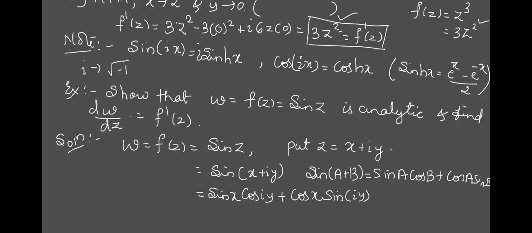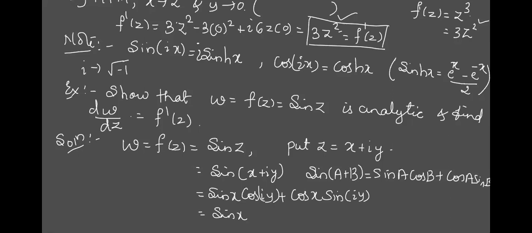Done. We have applied a formula. Now next we have to simplify. Now this is sin x. What is cos of iy? Cos hyperbolic y. Very good. It does not mean that if I write only x, this is applicable.